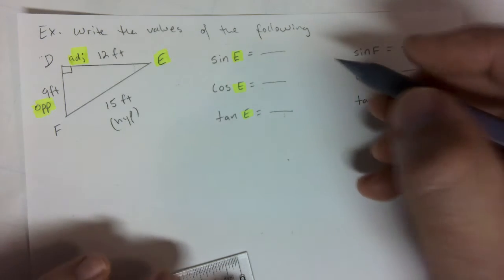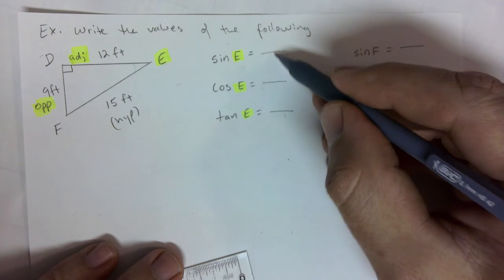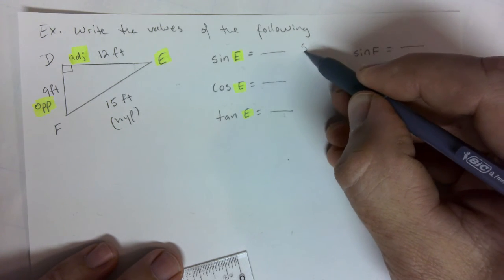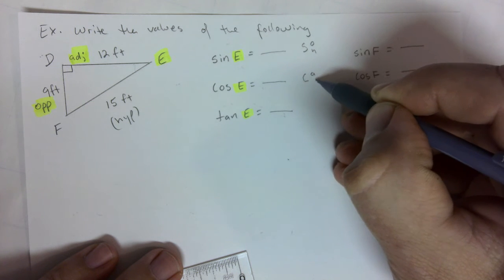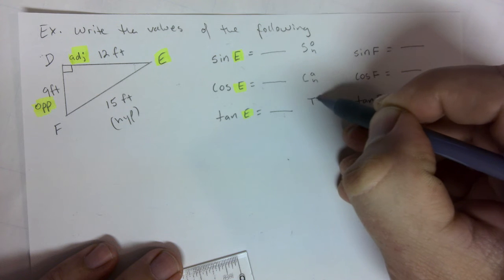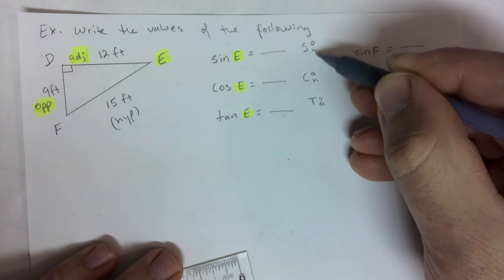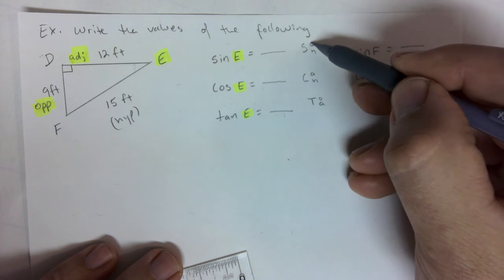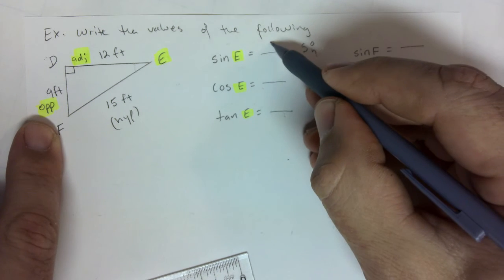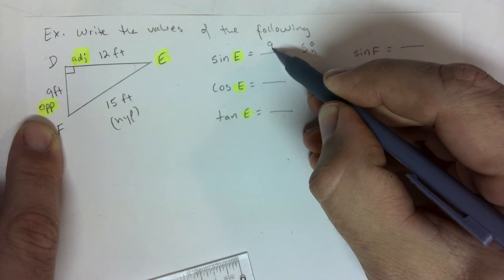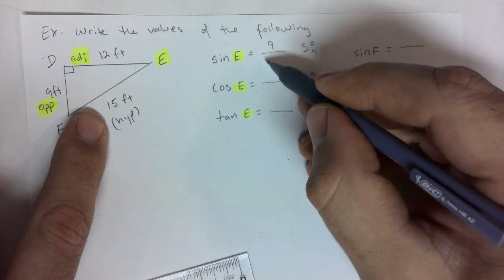Okay. So remember, how would I know? Well, I will remember Mr. Dirksen saying SOH CAH TOA. Okay, that's going to help me know which two sides I'm going to pick. So the opposite right now is 9, right? And the hypotenuse is 15.